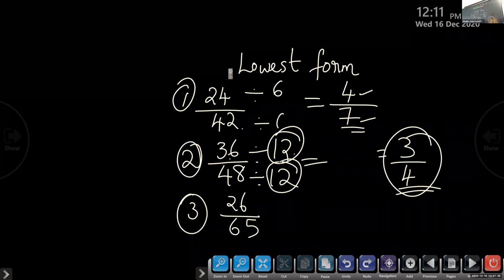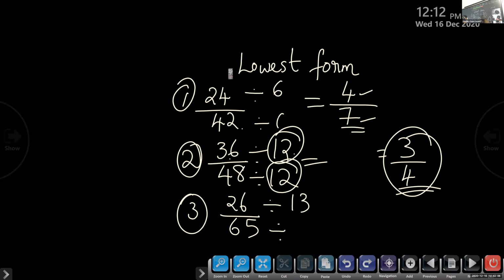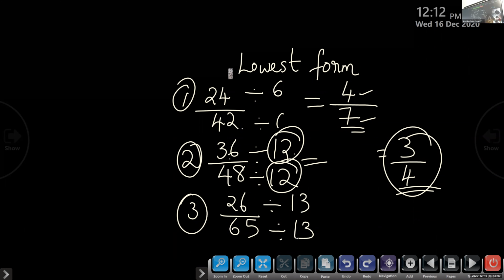Okay. Question number 3. What's the answer? 2 by 5. Children, by which number did you divide? 13. So children, here you have to check: is it divisible by 2? Is it divisible by 3? 26 is divisible by 2, but 65 is not divisible by 2.